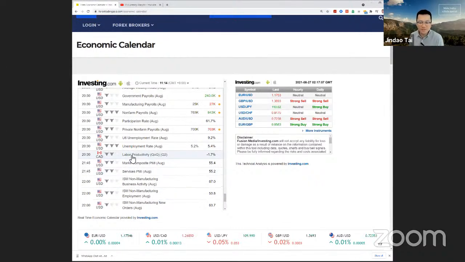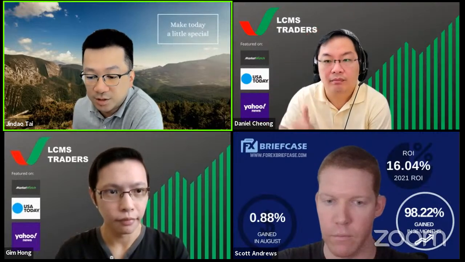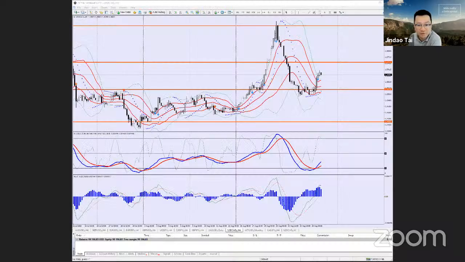So you can see here that next week, we are probably going to see quite a bit of news on the CAD GDP numbers. We're going to see the non-farm payrolls with some Canadian employment numbers as well. All that put together means that in terms of the US CAD here on the H4 time frame, it is likely that we're going to see a little bit more of a volatile move.